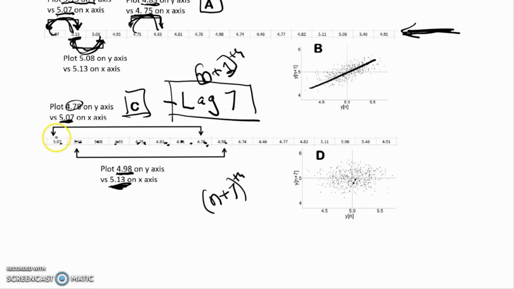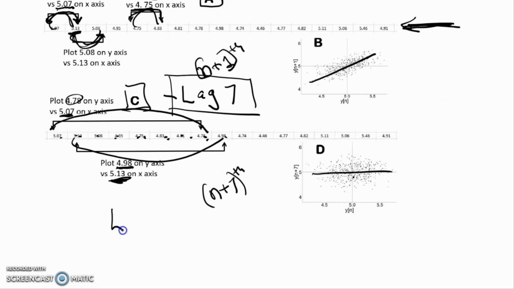On the other hand, if we make this big lag of 7, then the correlation is lost. I shouldn't draw a line like that because there is no pattern. Essentially, it's a flat line. And that's what typically we see with autocorrelation. As the lag increases, the autocorrelation goes down.